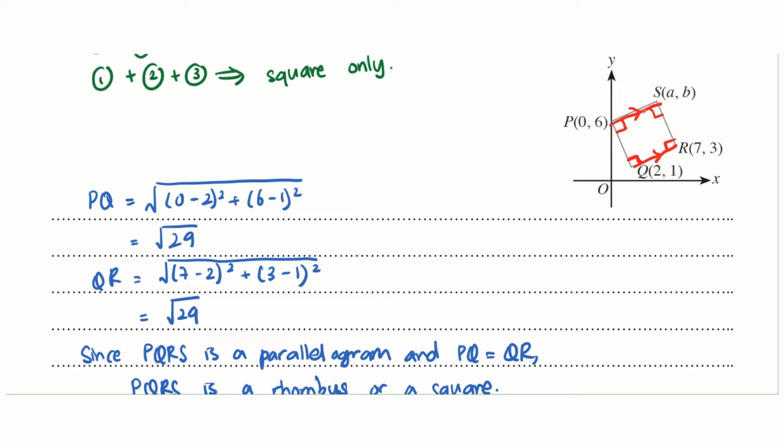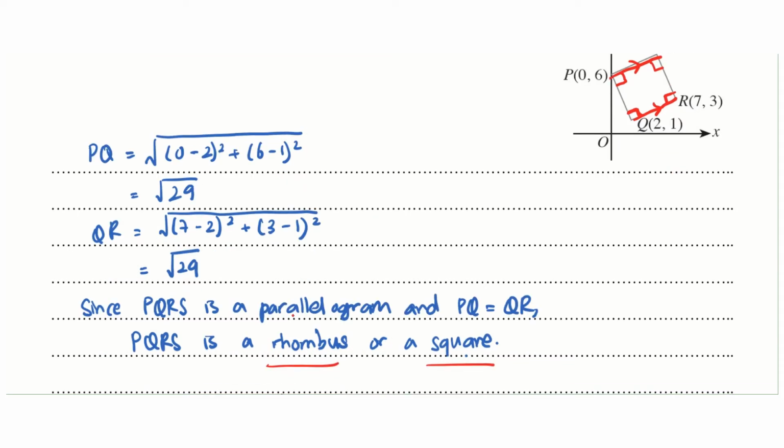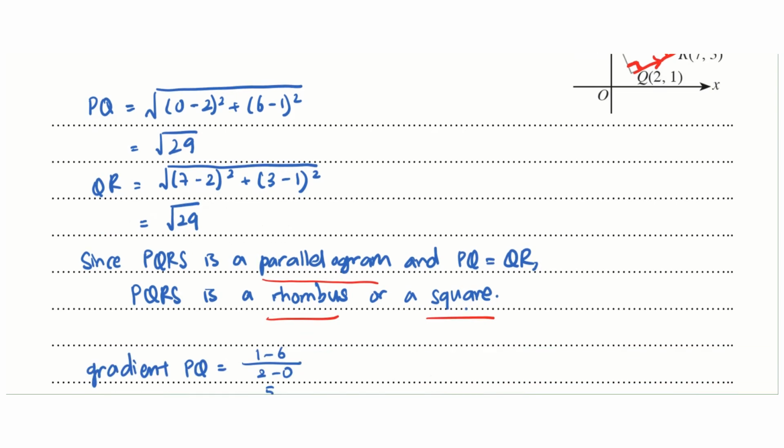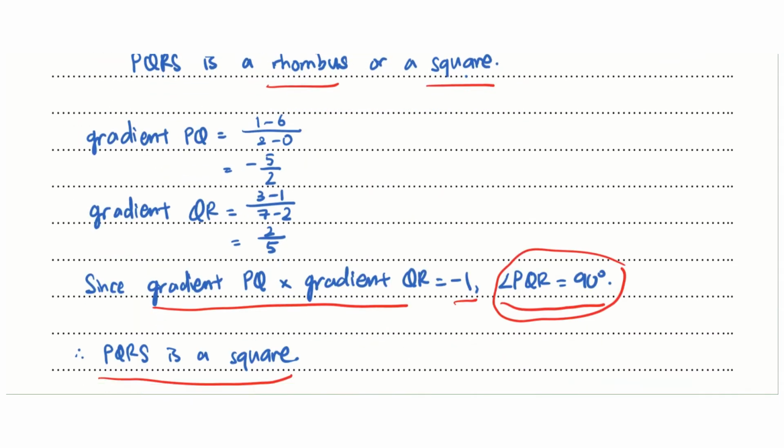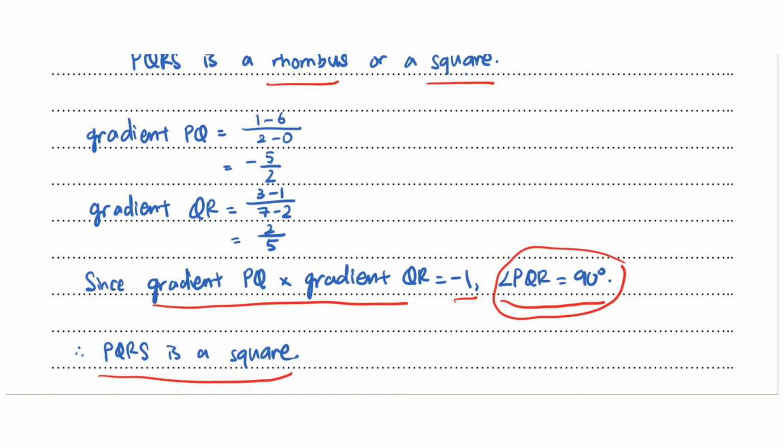So I need not go about verifying every single angle, because the question has already told us that it is a parallelogram. We only need to determine whether the lengths are equal, and also whether the interior angles are equal to 90 degrees. So with that, we conclude that PQRS is a square.